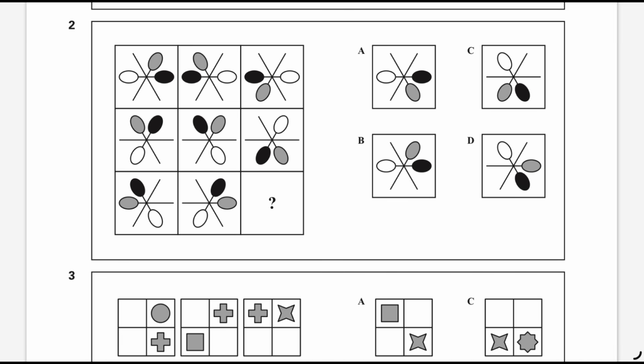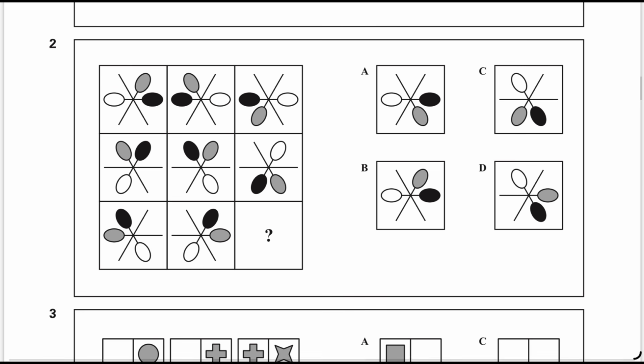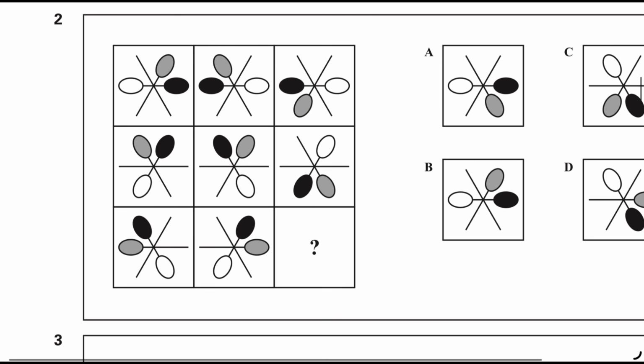Question 2. Question 2 is another matrix question, okay? And with this one, we basically have to look at both rows and columns again. And if you notice, the columns have a more visible pattern. And what do I mean by this? Is that you can easily see that this gray oval, it's moving 1 space anti-clockwise each time.